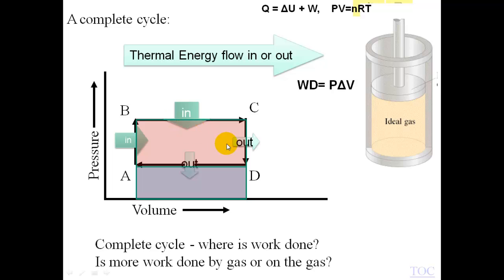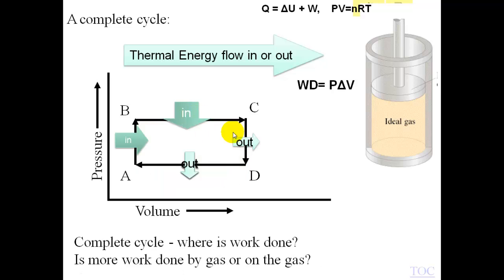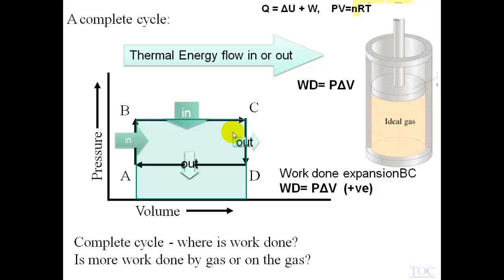So the gain in work that you get is basically because of the extra thermal energy that you're putting in. So in the expansion, you go from B to C, the work done is positive, so that's the area here. The work done going back again, which is the work done on the gas, is going to be negative, and is going to be a smaller area.